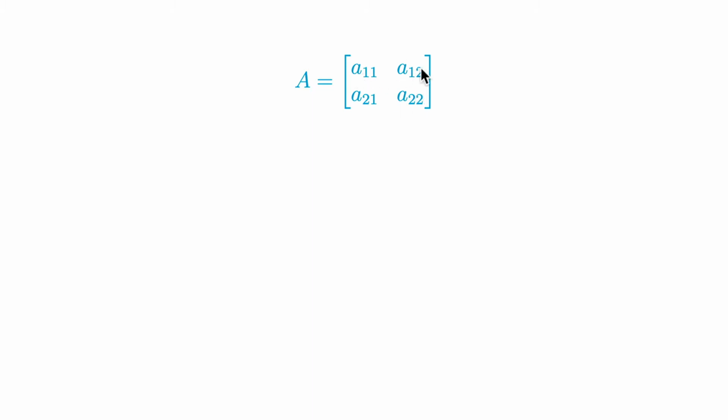This one is in the first row and in the second column. This one is in the second row and in the first column. And we want our matrix to be symmetric, which means that these two numbers must be equal to each other.